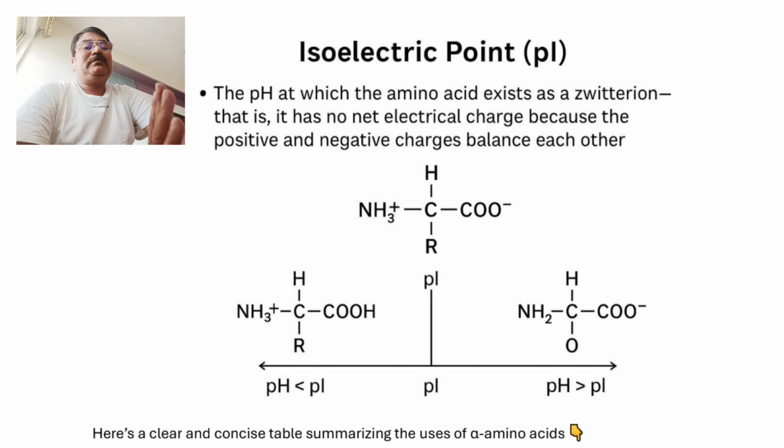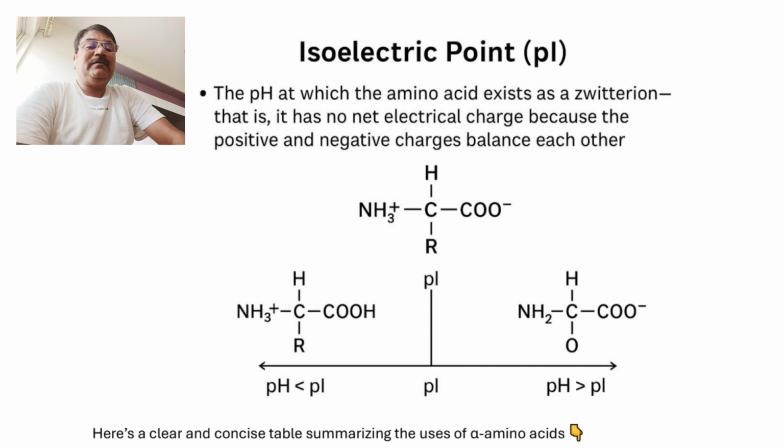Isoelectric point means what? First, see the difference. Suppose we are taking a solution of amino acid. No doubt it exists in the Zwitter ion form, NH3 plus and COO minus. Whenever we adjust the pH of the solution towards lower, it means we add acid.